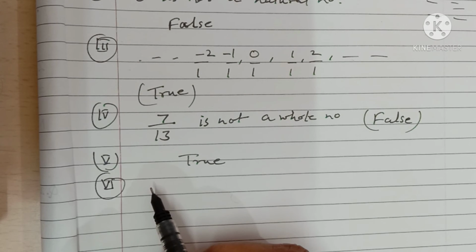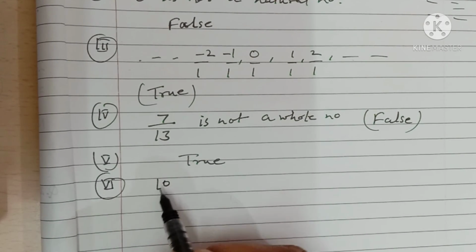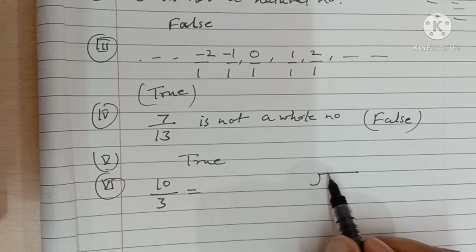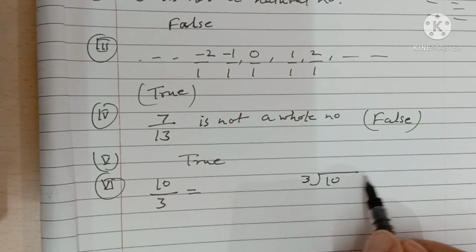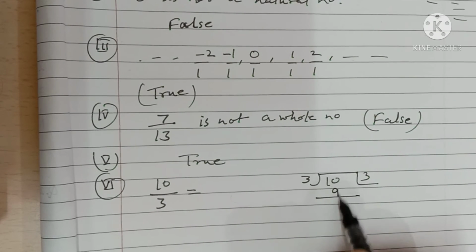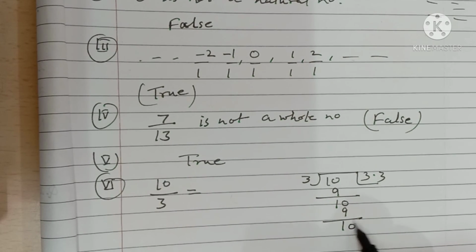Now part 6. Every repeating decimal is a rational number. So repeating decimals, suppose we are taking a rational number 10 upon 3. Now divide 10 by 3. 3 3s are 9. 1 as a remainder. Put a point and 0. 3 3s are 9. 1, 0. 3 3s are 9.